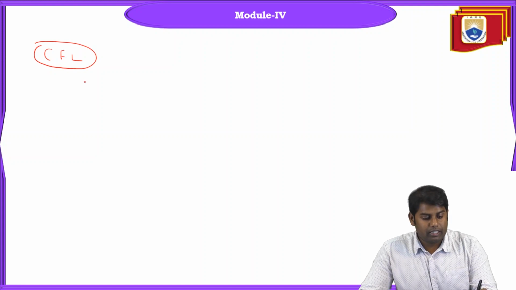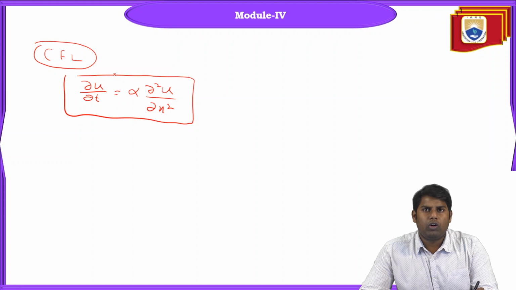Let us take an example: dou u by dou t is equal to alpha into dou square u by dou x square.